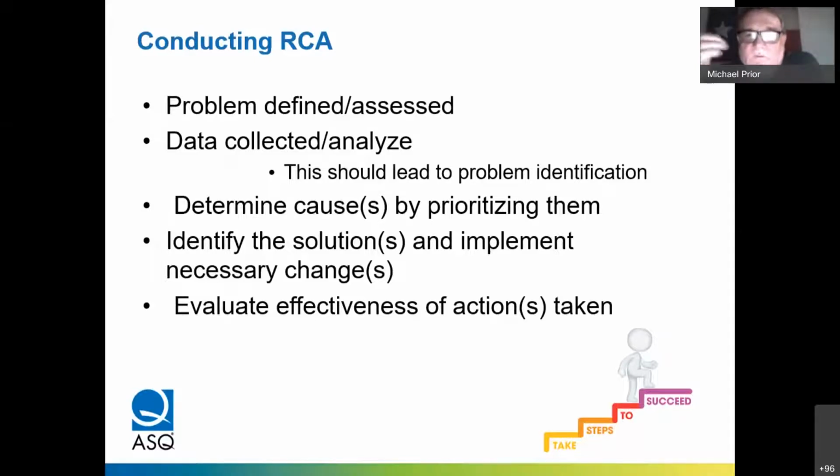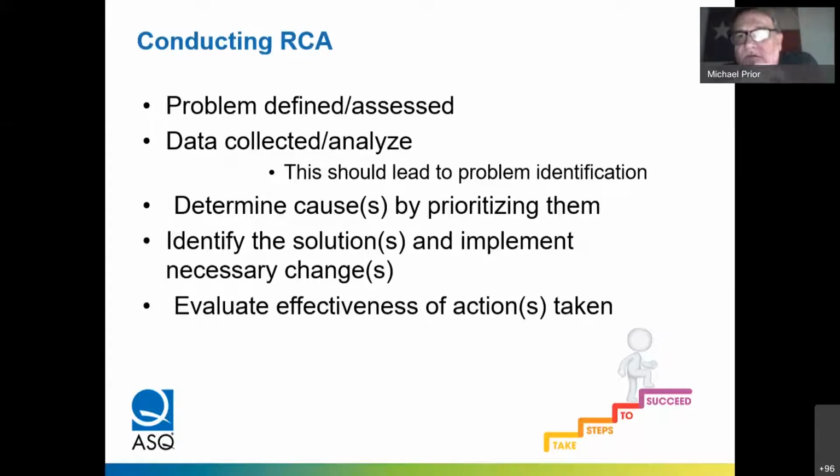But what I find out when I'm doing an audit, it doesn't matter what, because I audit across 11 standards, this is where a lot of times errors are made: the initial assessment. Because what happens is people jump to a conclusion, and we'll get to that in another slide. But you've got to be very careful upon the definition of the problem.